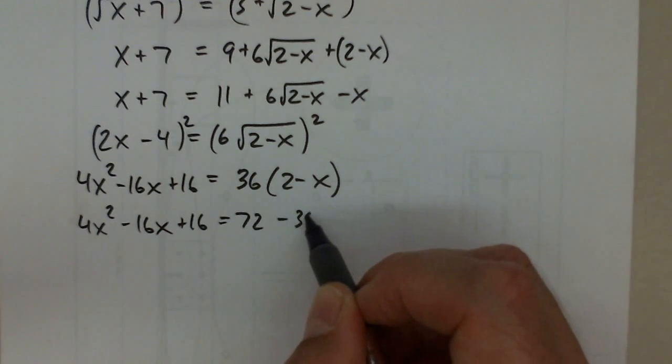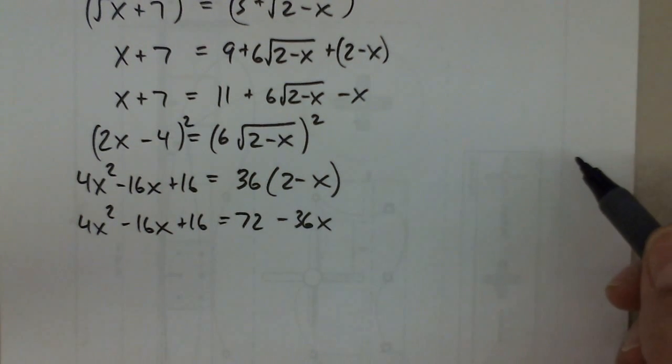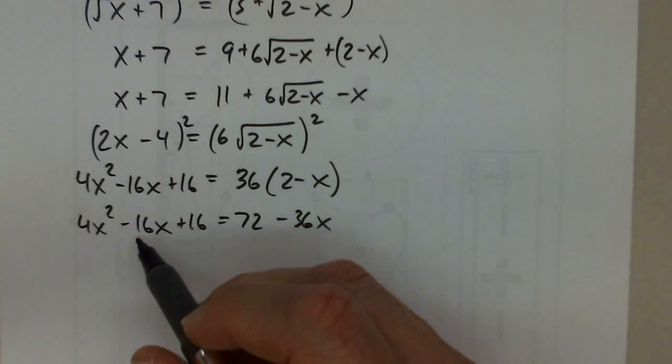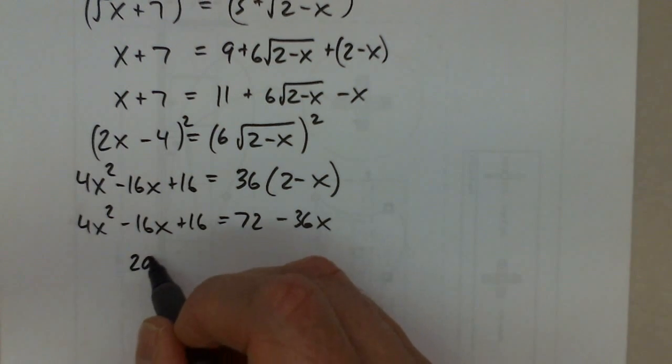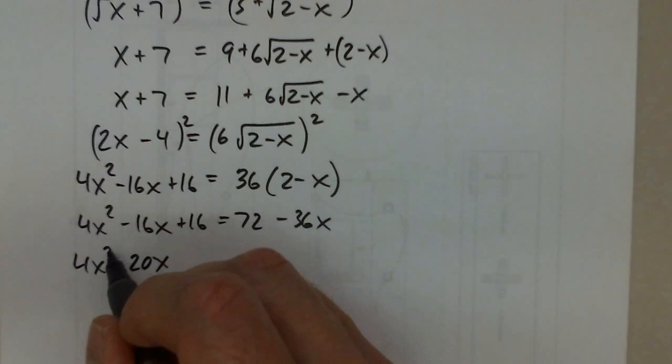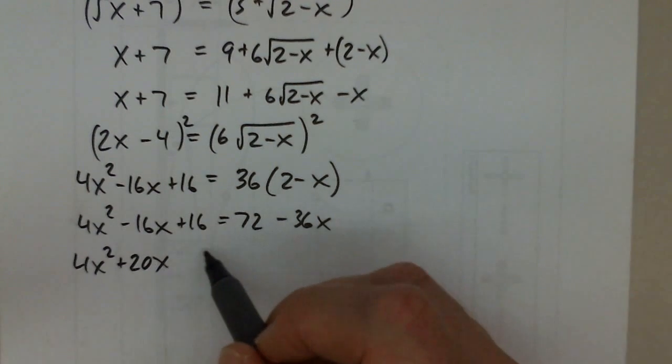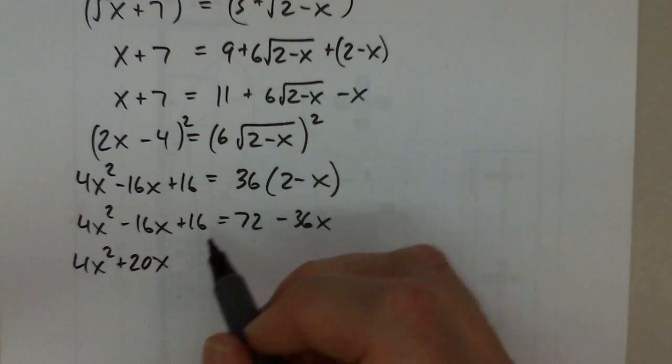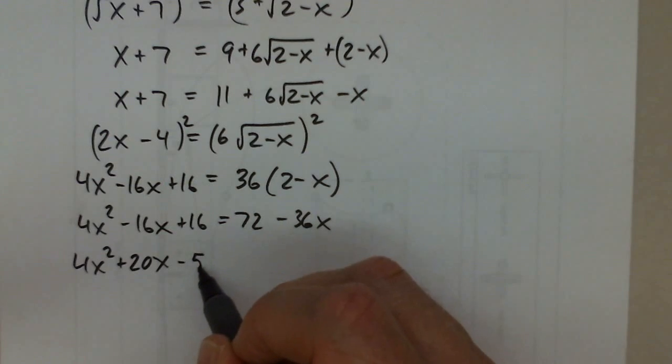72 minus 36x plus 36, and that will give us 20 minus 72, and we'll get negative 56.